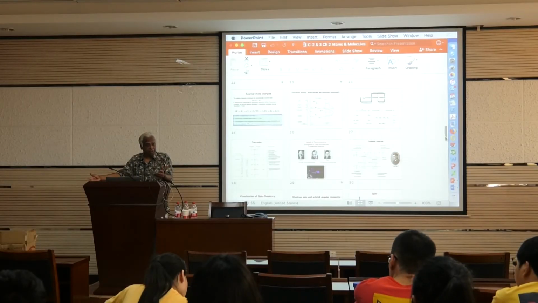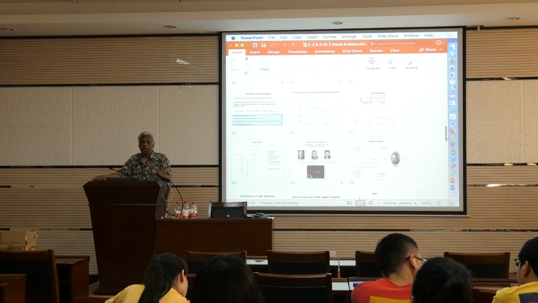Singlet will always have a shorter time scale, in the nanosecond range, 10 power minus 9 to minus 10 seconds, whereas the triplets will have 10 power minus 6 to minus 3 seconds. So tell me why the singlet has a shorter time scale and the triplet has a longer time scale.